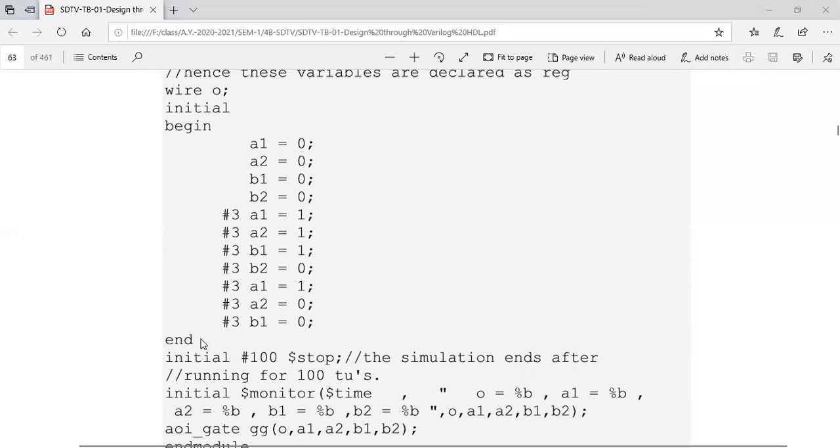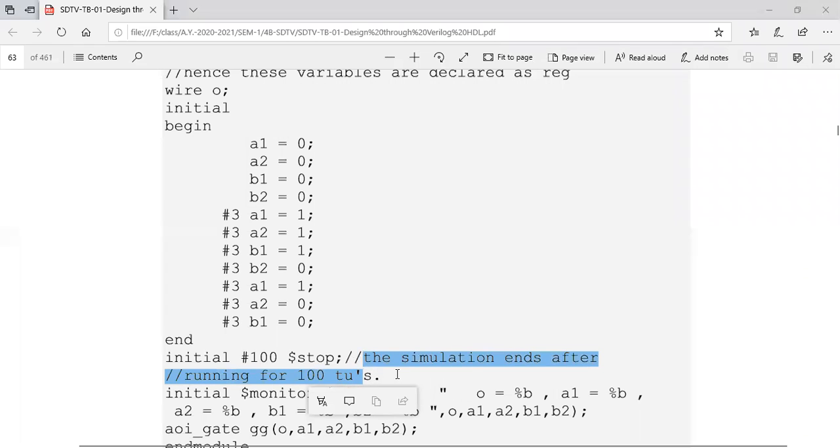After that, we end that. We write initial, and it has to run with these values. The simulation has to run for 100 units of time, and here I am stopping the simulation. That means the simulation ends after running for 100 TUS.